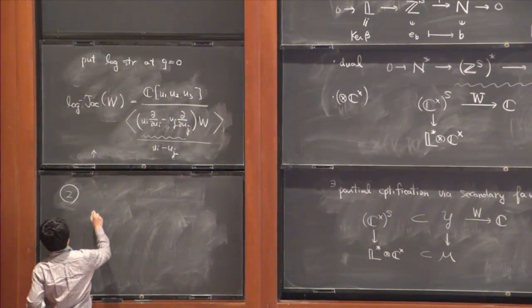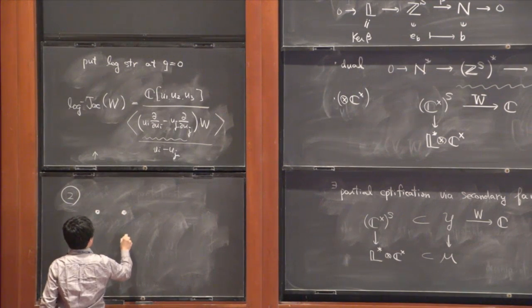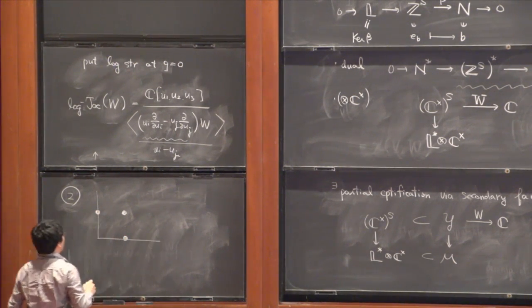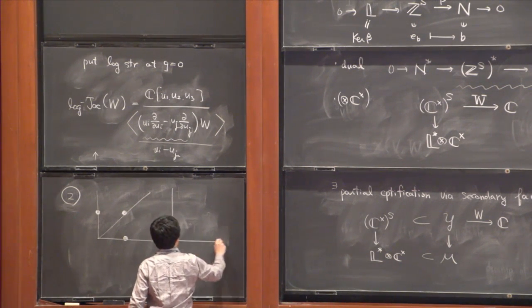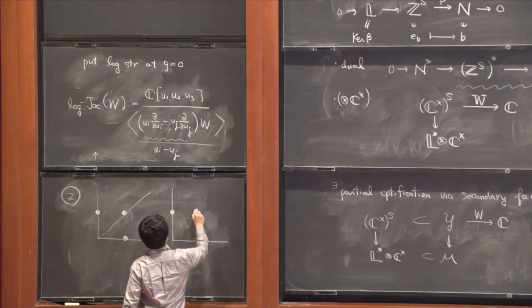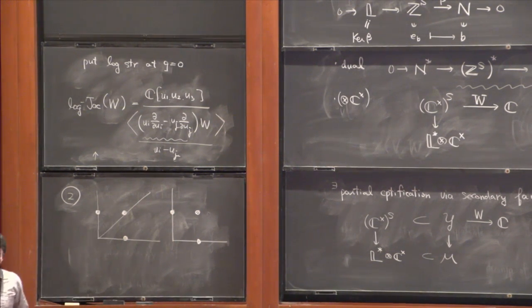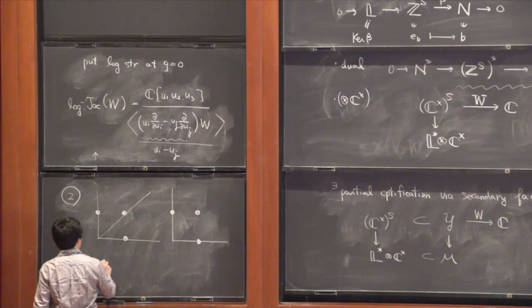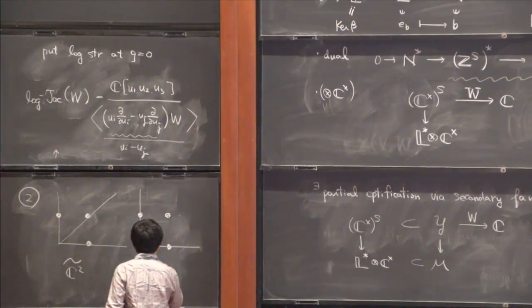The second example is another typical example for the discrepant case. In this case, I take 3 points like this, and I have either this fan picture or this fan picture, where in the second case I don't use the dot in the middle. This corresponds to the blow-up of C^2 at the origin, and this corresponds to C^2.